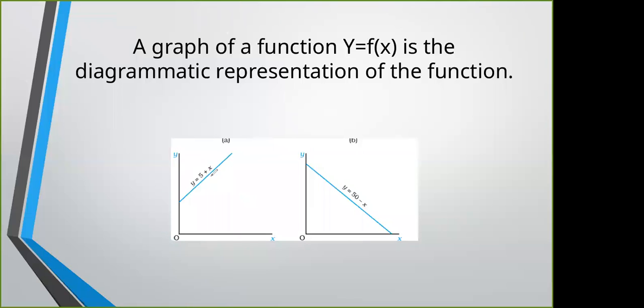Now you tell me what will be the value of y if the value of x is 2. Yes, please respond. What will be the value of y if the value of x is 2? So 7. Yes, sir, 7. Can you show it in the graph? Which point will it be?